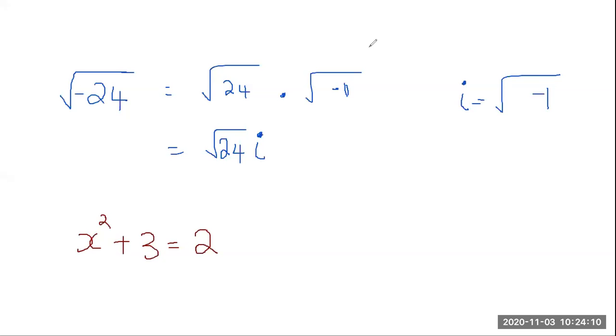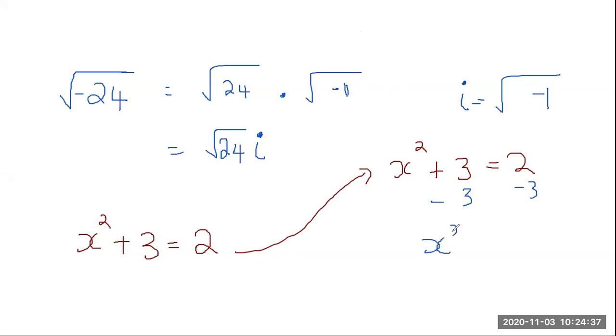All right, so we're gonna work this one question that's right here. X squared plus 3 equals 2. I'm gonna put it up here so that we have more space. In order for me to solve this, it's asking me for X. So I'm gonna go ahead and do the additive inverse and get rid of that 3, so -3 on both sides. So X squared is equal to -1.